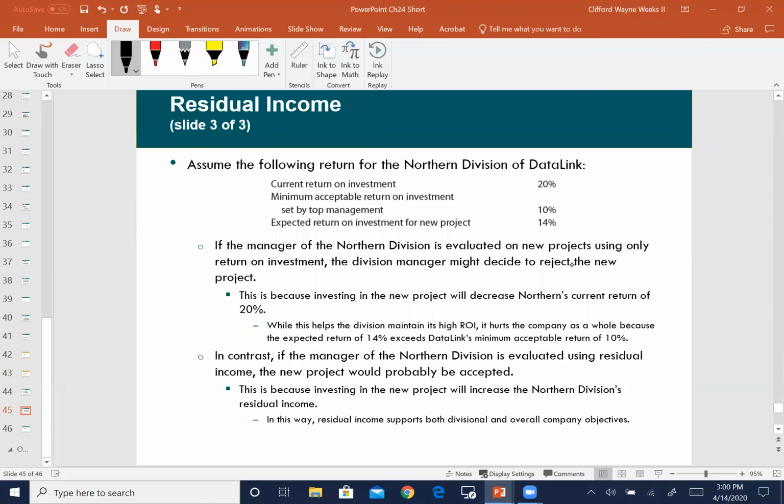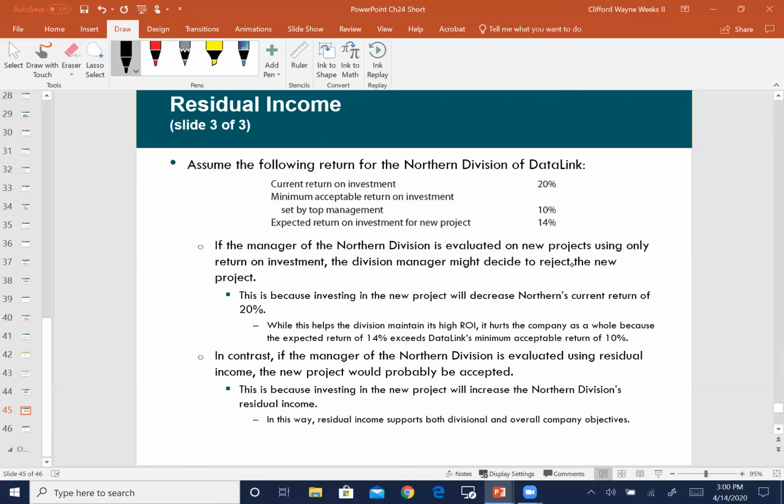And so assuming that the return were these, if the manager of the Northern Division is evaluated on new projects using the return on investment, the divisional manager might decide to reject the new project. This is because investing in the new project will decrease the Northern's current return of 20%. While it does help, that was one of the problems before.